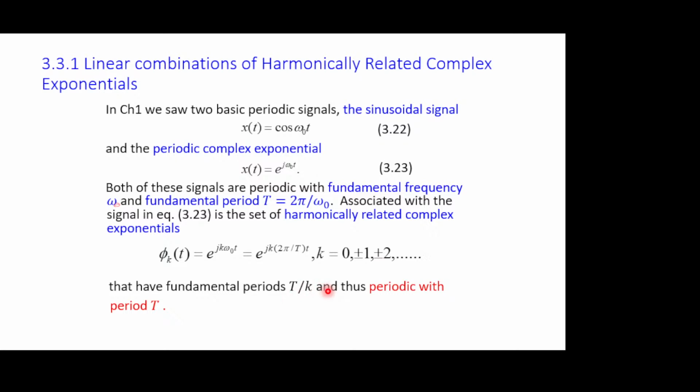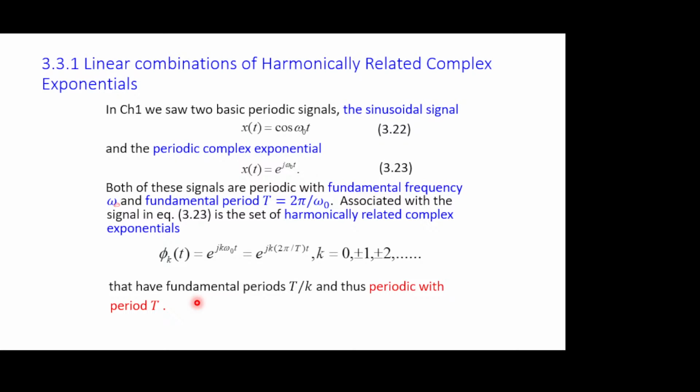But for non-zero k, those functions have period T over k. We also saw in chapter 1 that if your function is periodic with some period T, then T times some integer is also a period. And so the big T is actually a period for all those harmonic functions.